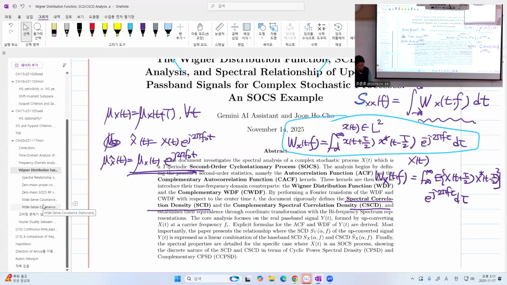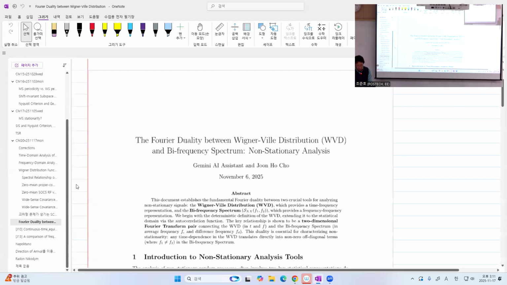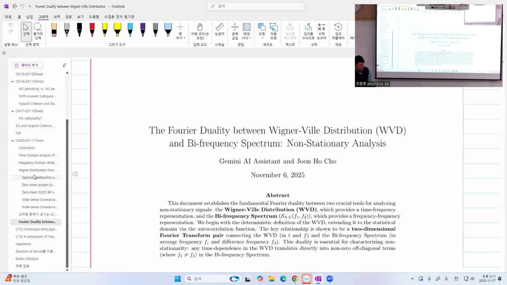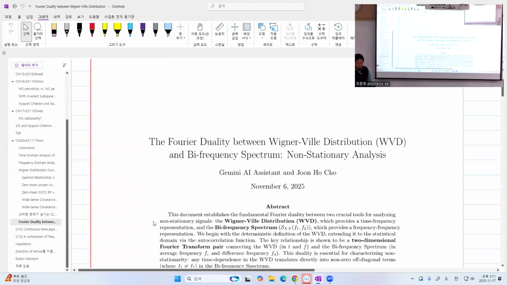So where are we? Yeah, this is already covered in the previous one, but let's see it again. This was written earlier in a different discussion with Gemini.